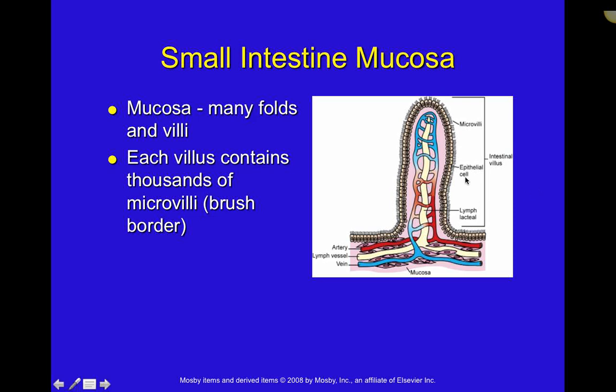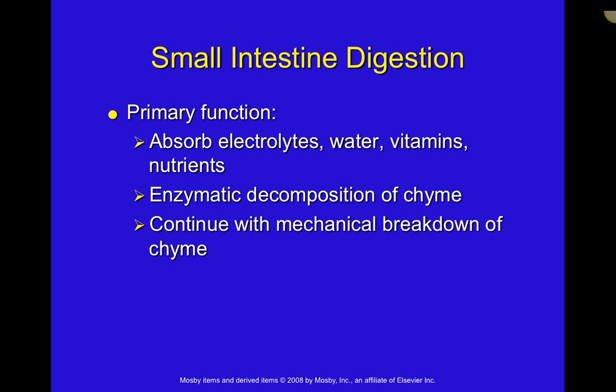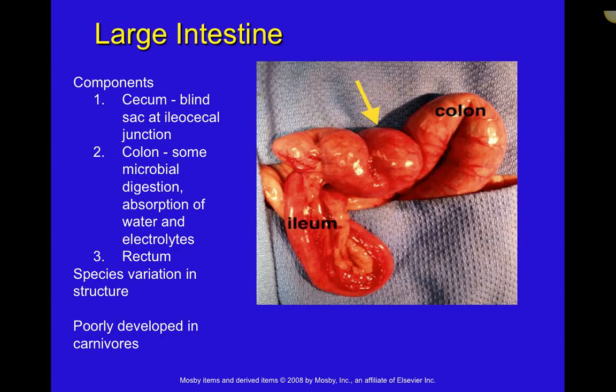Each villus has a blood network, so it has veins and tiny little venules and little arterioles working on a capillary level within the villus. And they have what's called a lymph vessel or lacteal as well within each villus. That exchanges lymph material and lymph cells. And this is all in the chart that we talked about earlier, the small intestine digestion.